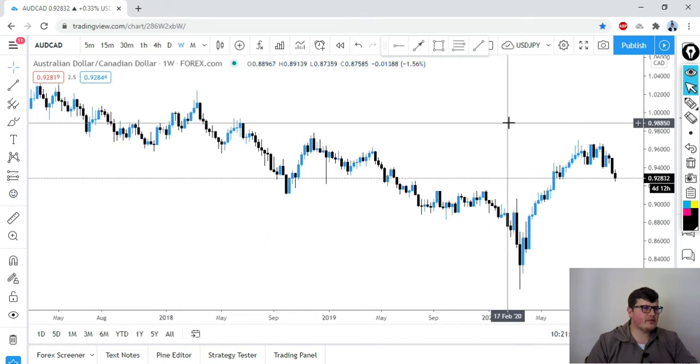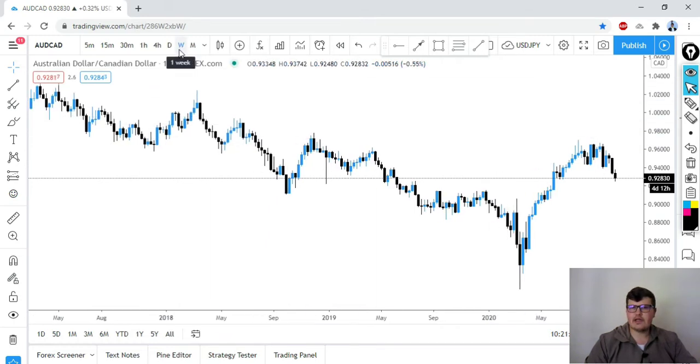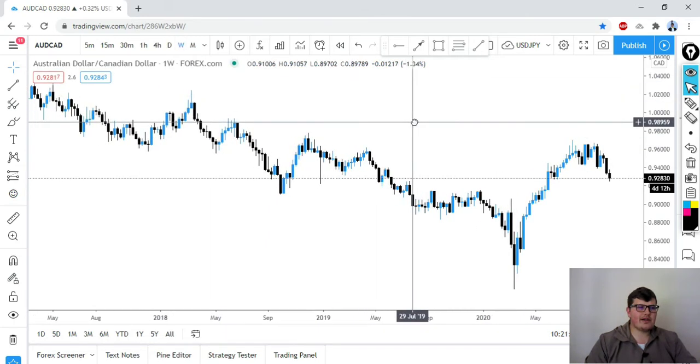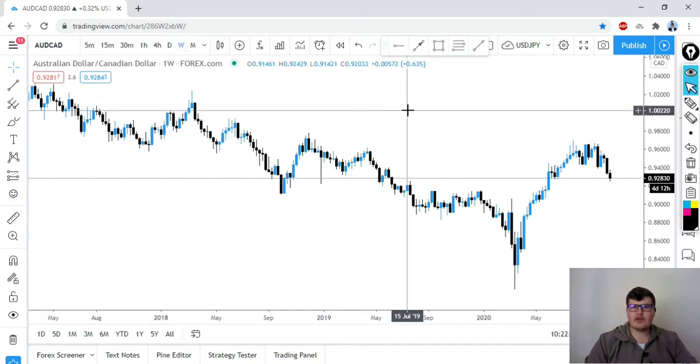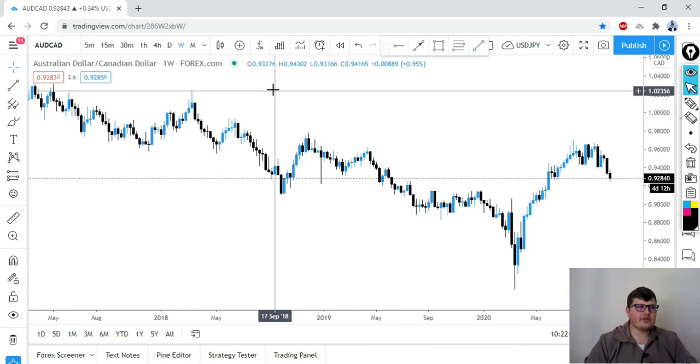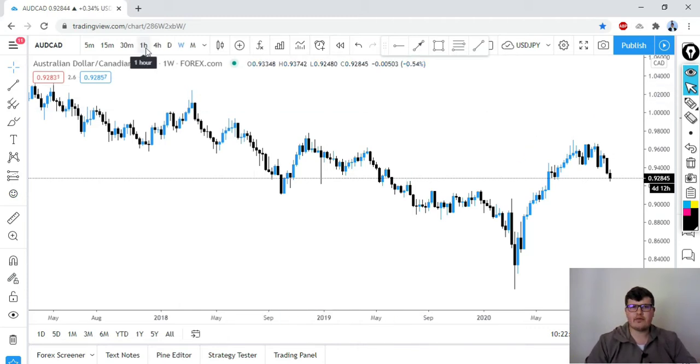So firstly, we are on a weekly time frame. I like to start out with a weekly time frame. You always want to start with the biggest time frame and then just gradually work your way lower to maybe your hour one time frame.